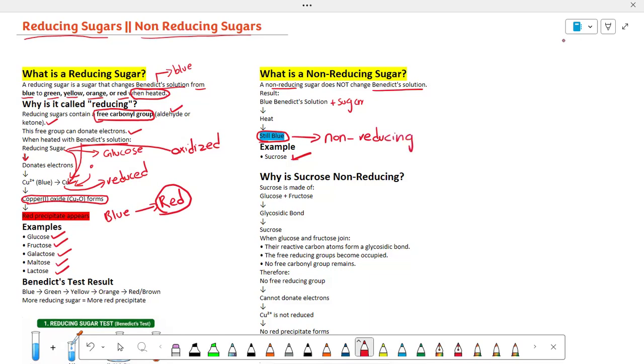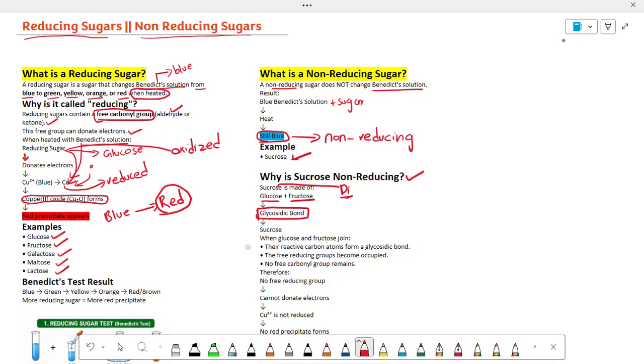Okay, and now we are going to discuss why sucrose is a non-reducing sugar. Sucrose is made up of two monosaccharides. Sucrose is actually a disaccharide. Glucose plus fructose are bonded with each other through a glycosidic bond.